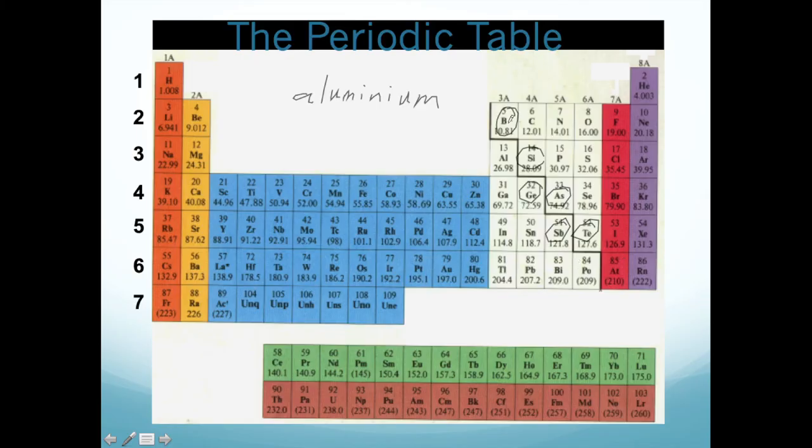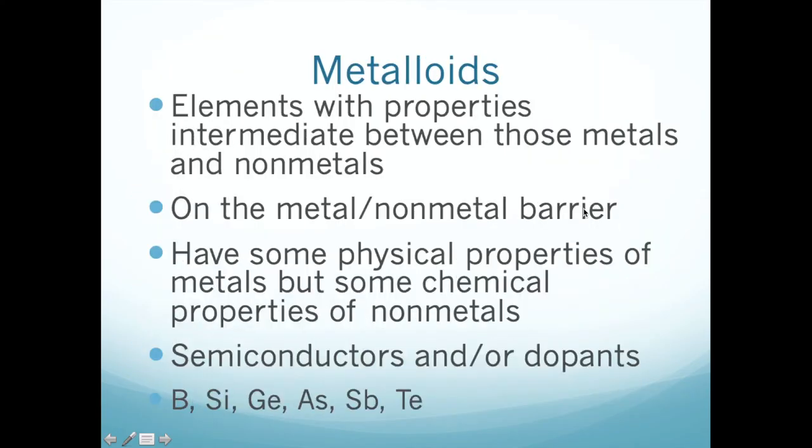For now, these are the main metalloids, the ones I've circled here that you're going to see. Now, what do I mean by a metalloid? Well, a metalloid, as the name suggests, has properties that are in between those of metals and nonmetals. Out of all these properties, probably the most interesting and most practical one for metalloids is their ability to be semiconductors.